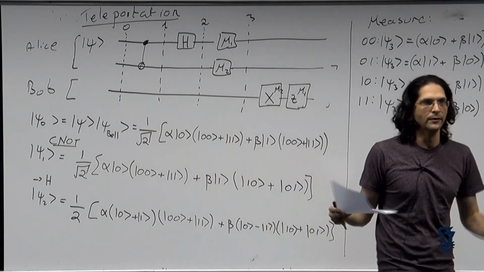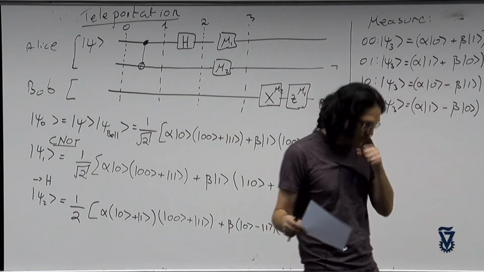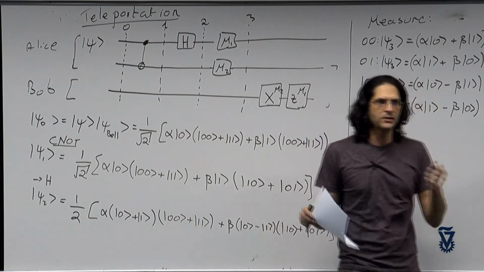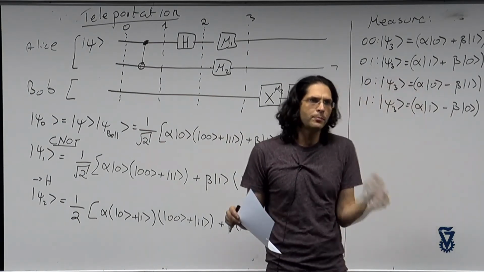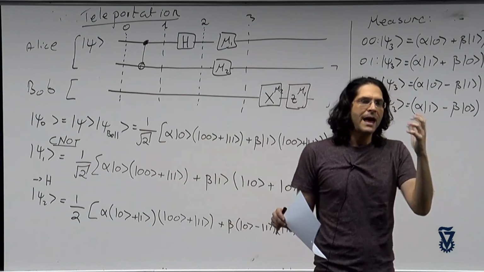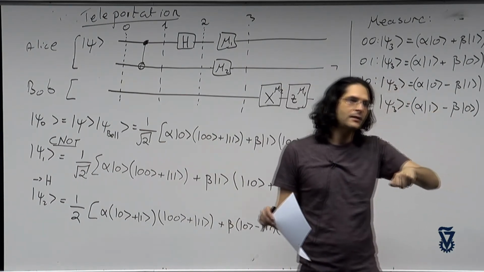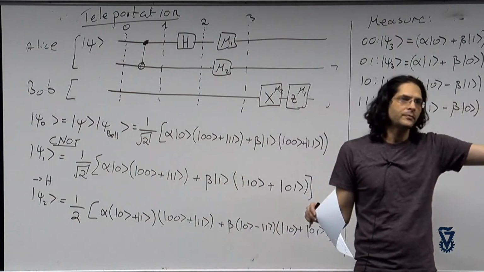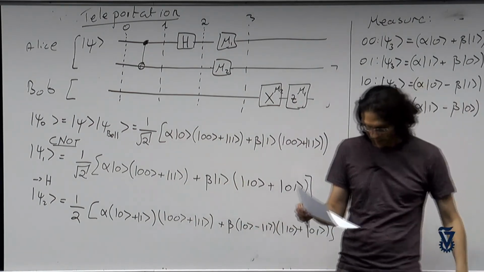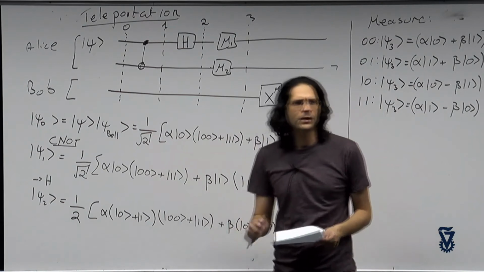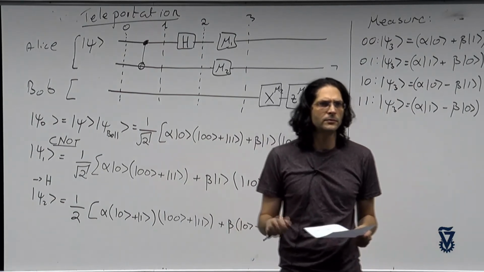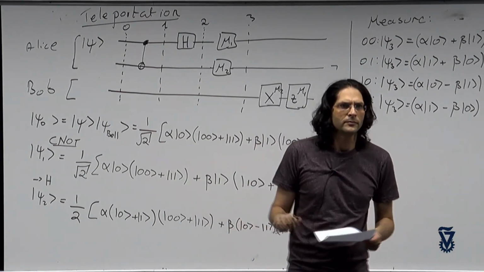So there's no cloning here. There's no copying of the state. As soon as Alice performs the measurement, that measurement destroys the state at Alice's site and creates it at Bob's site. Are there any questions about this so far? We're following? Okay.